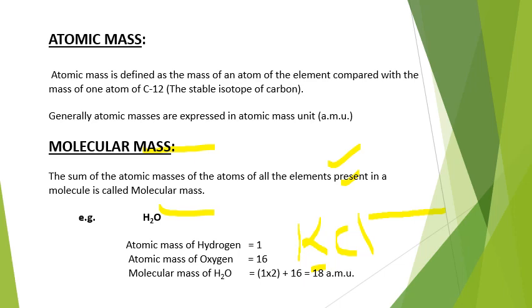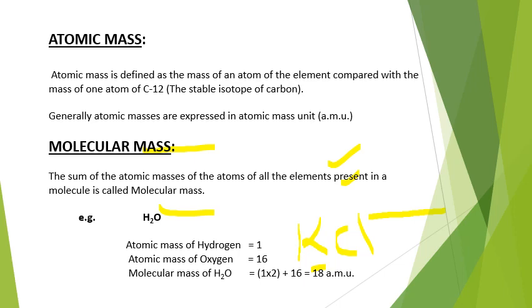So I have to add the individual masses of all the atoms, and the sum comes out as the molecular mass of this compound, right? So we say the sum of the atomic masses of the atoms of all the elements present in a molecule is termed as molecular mass.